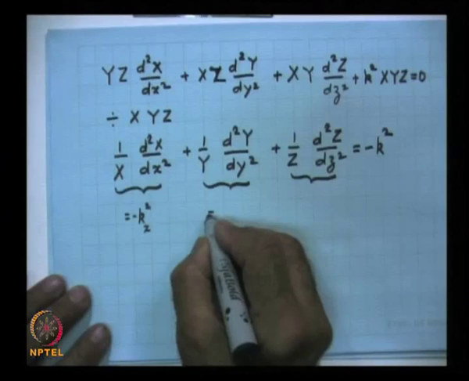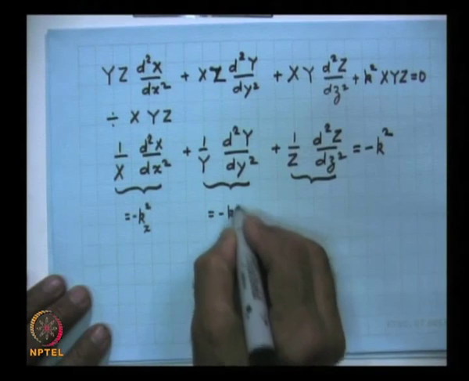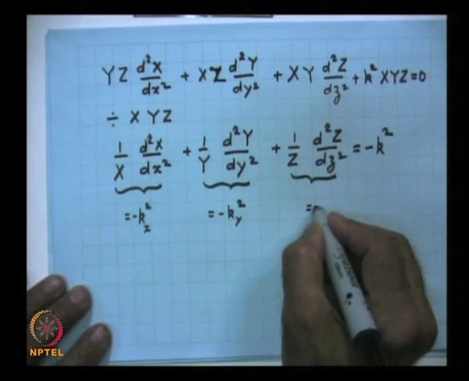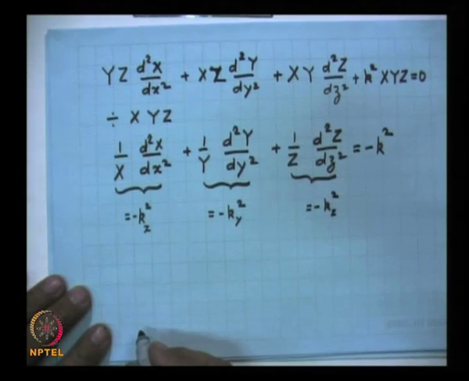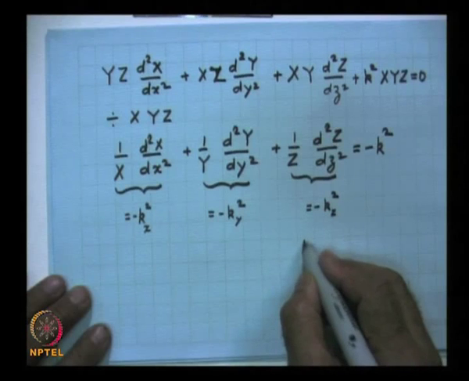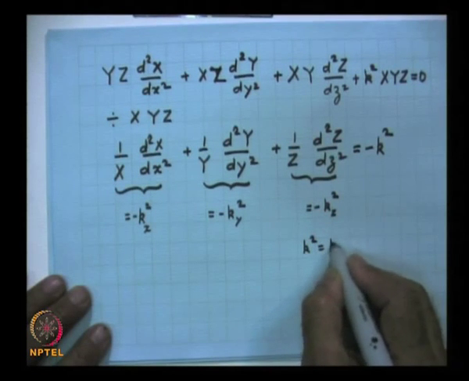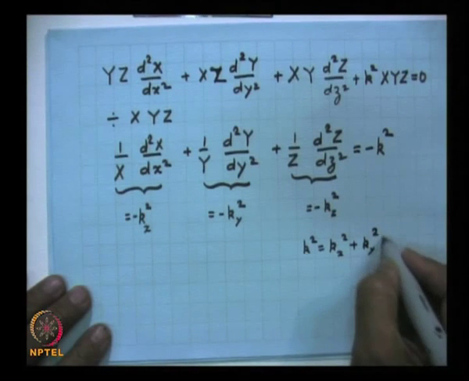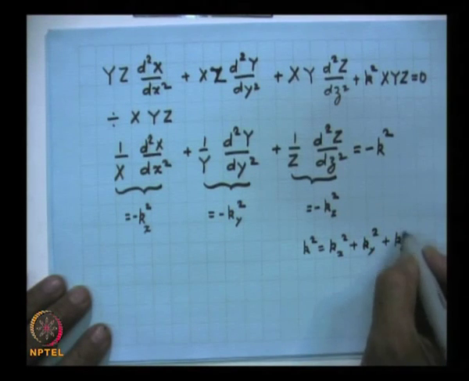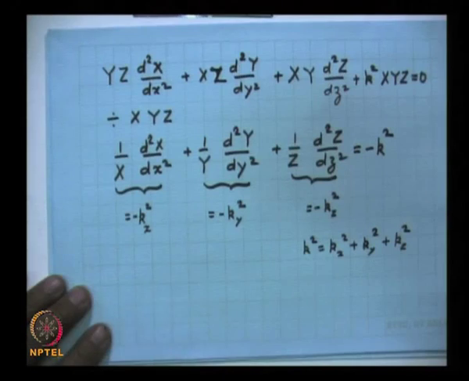This will be equal to minus k y square, and this I set equal to minus k z square. Then you will have k square is equal to k x square plus k y square plus k z square. K x, k y, k z are just numbers, these are just symbols.